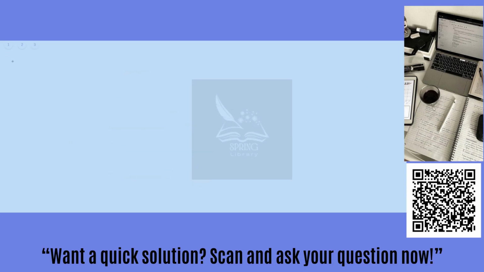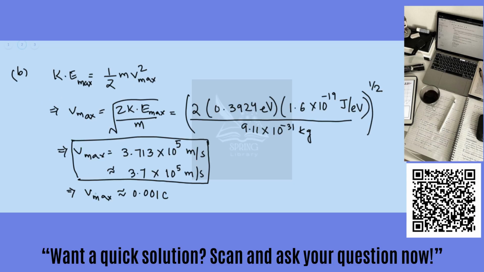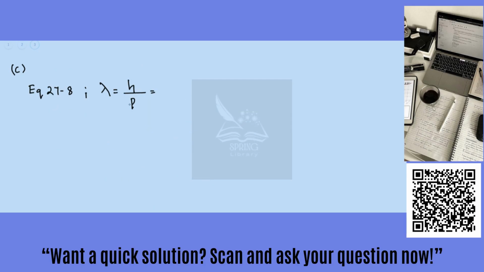Now, for the last part, to calculate the de Broglie wavelength, we use equation 27.8. According to this equation, the wavelength is equal to Planck constant over the momentum. Now, since we have already justified our use of the classical definition of the energy, we can use the same for momentum.